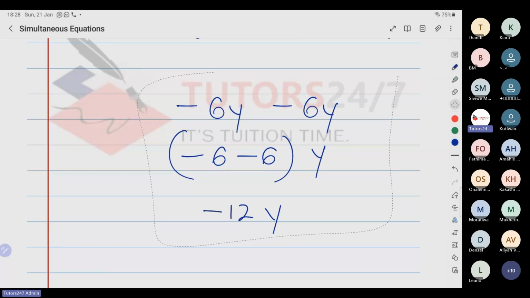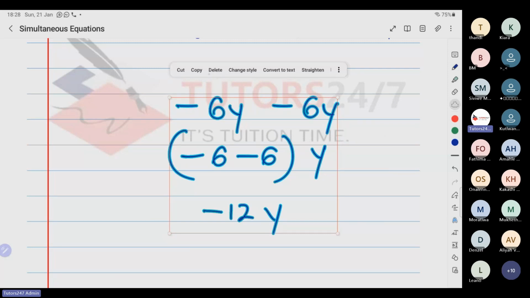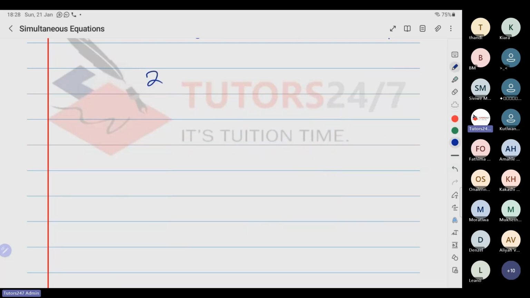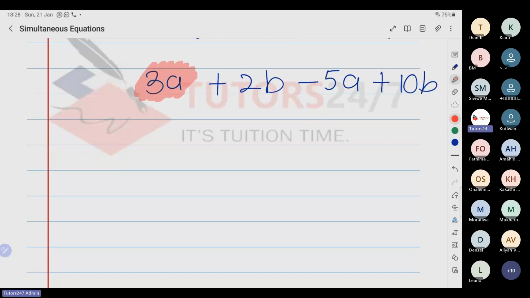For example, let's look at one more example. If you have 3a plus 2b minus, let's say, minus 5a plus 10b. On your calculator, you should notice that 3a and -5a are like terms.